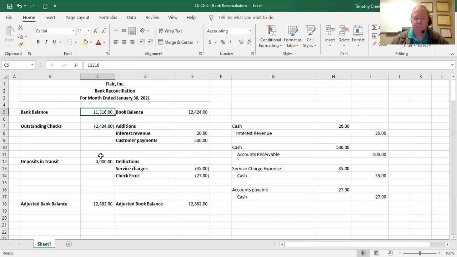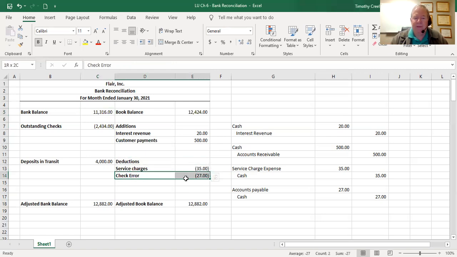Both of them are. Now, there also might be some deductions on here, such as service charges or check charge fees, or a lot of fees come with sometimes business checking accounts. So these would be a deduction. These would be things that the bank would probably take out of our account as of the last day of the month. And since they've come out of our bank account, they're also going to be shown as a deduction here.